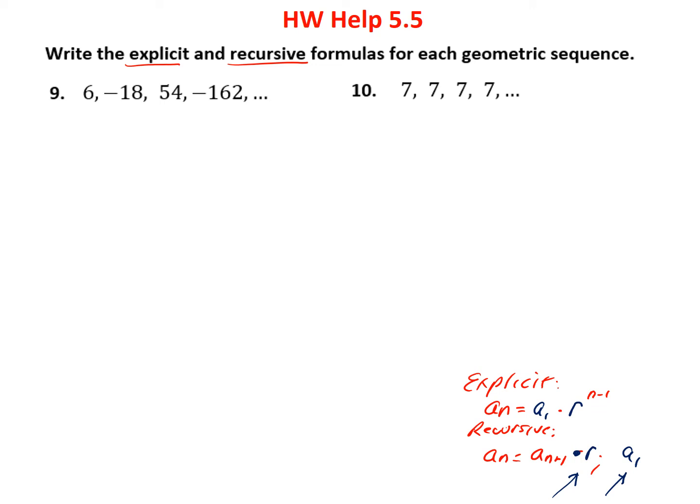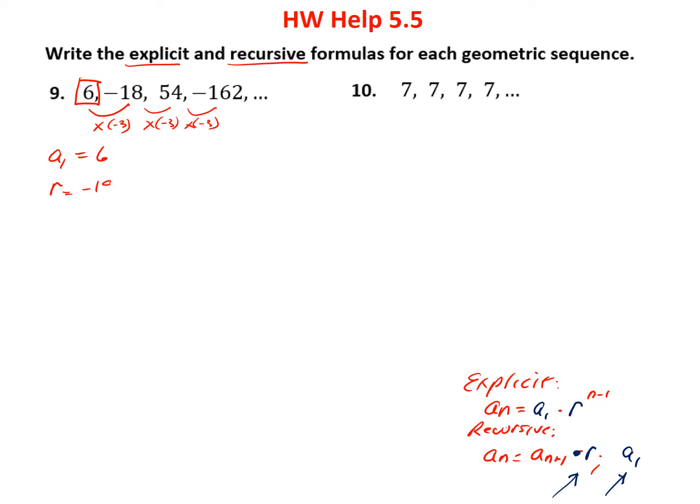So let's start over here. Let's find our first term, which is 6. And then we look up here and say, what's our common ratio? And I'm looking here and saying, oh, this is being multiplied by minus 3. And you notice they're each being multiplied by minus 3. If you're not sure about that, you do this.